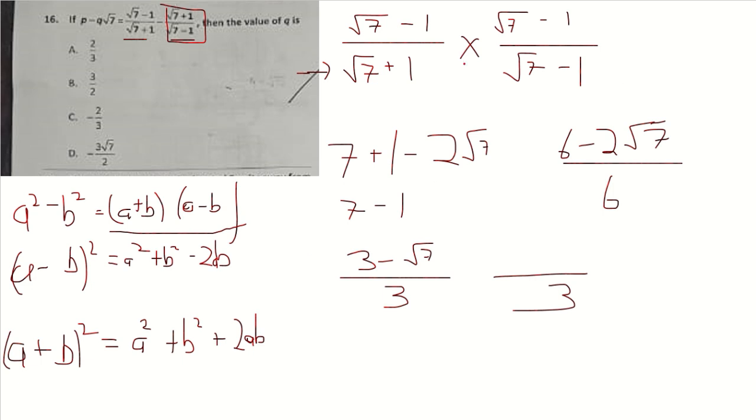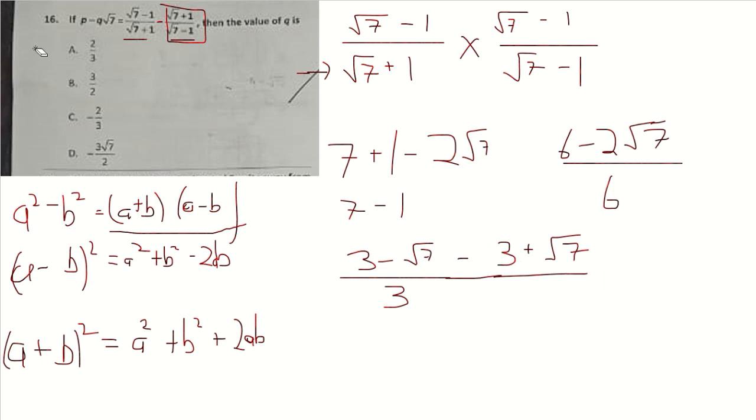So instead of repeating this whole process, we can just simply say that it will be 3 plus root 7. Now when we subtract this from this, these will be combined, and we get 3 minus (3 minus root 7), and because there is a bracket here, when we open the bracket, the sign changes.